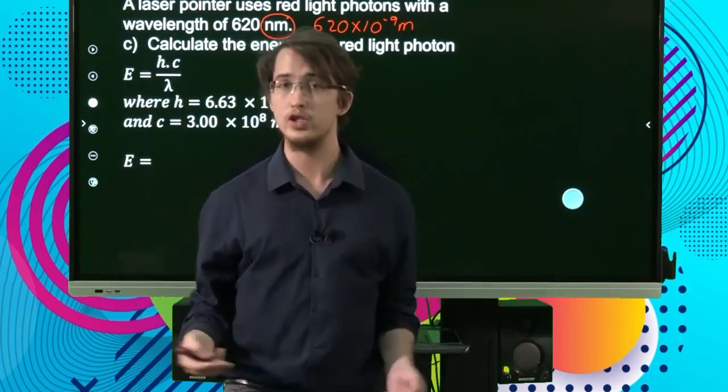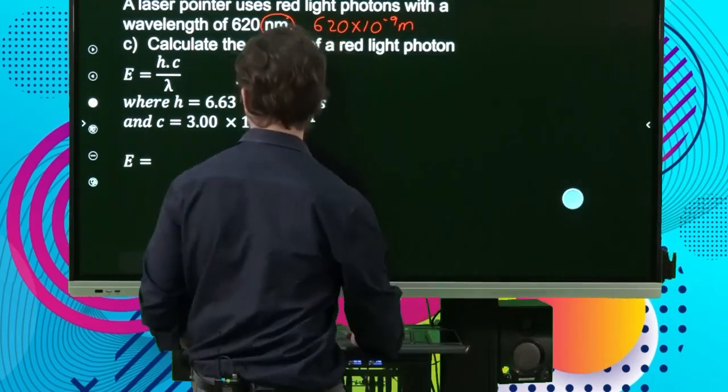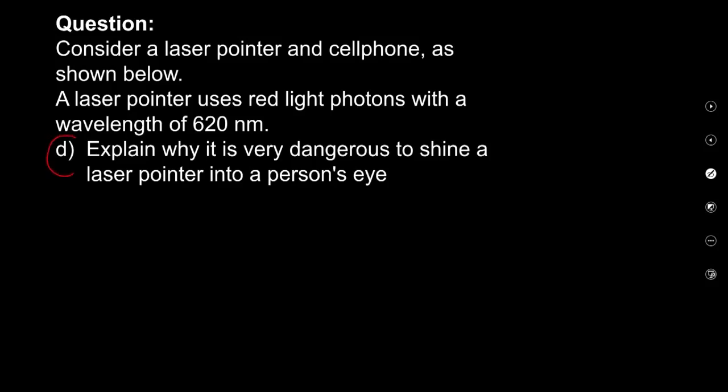What else does this question ask us to explain or understand? The last part of this question, part D, simply asks us to use our understanding of electromagnetic radiation to explain why it is very dangerous to shine a laser pointer into a person's eye. Now, from our previous calculation, we had shown that there is some energy associated with the photons from the laser pointer.